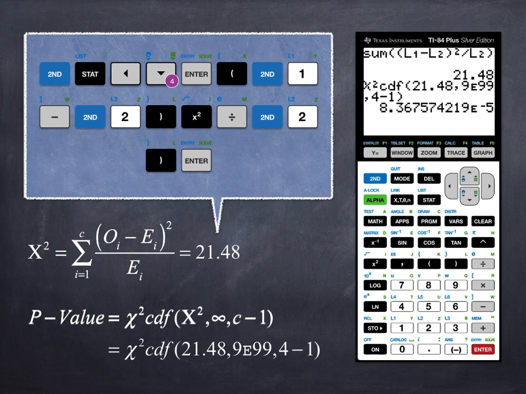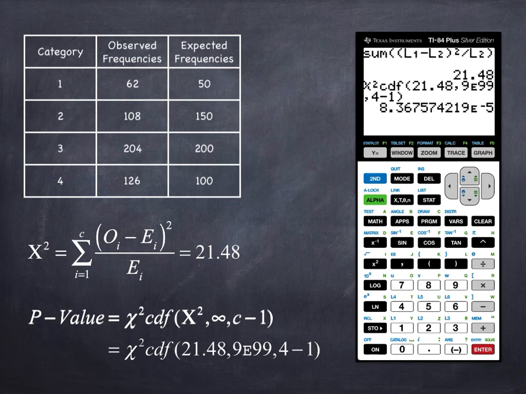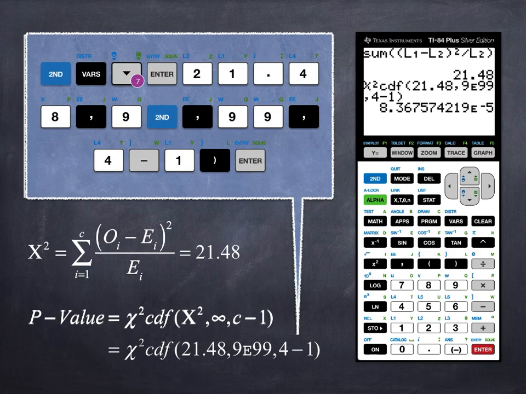We then use the chi-square CDF command to calculate the p-value. The keystrokes involved to do this would be to press second vars to bring up the probability distribution menu, arrow down till you find the chi-square CDF command, press enter to select. Then you type in the chi-square test statistic result we got in the first formula.